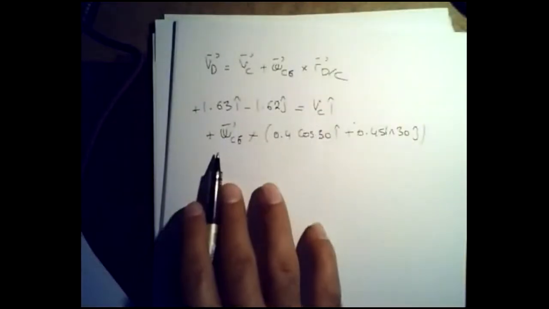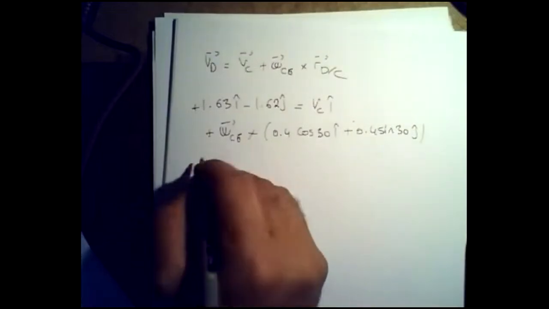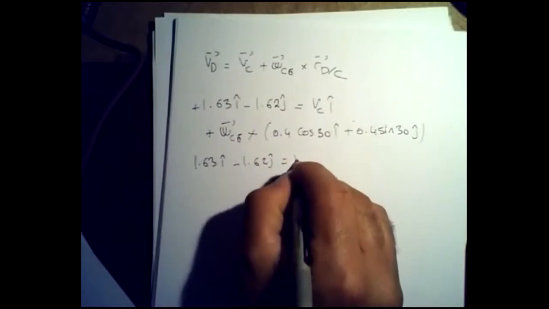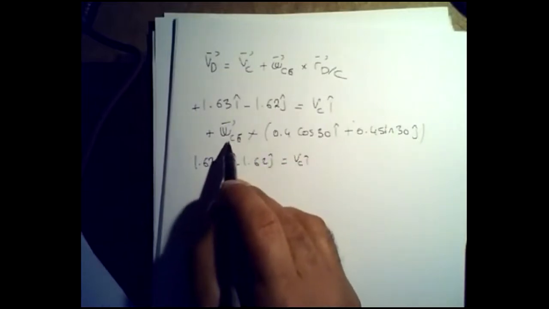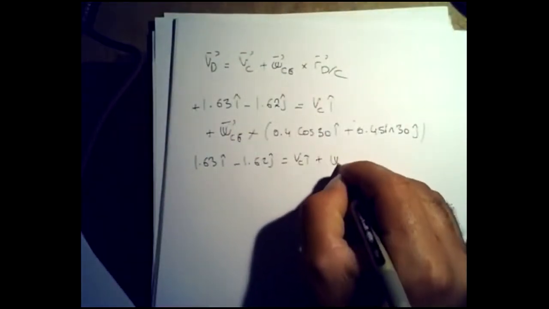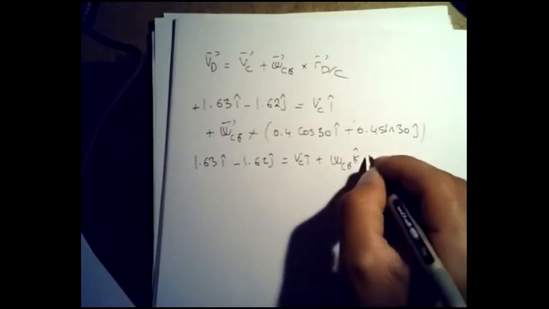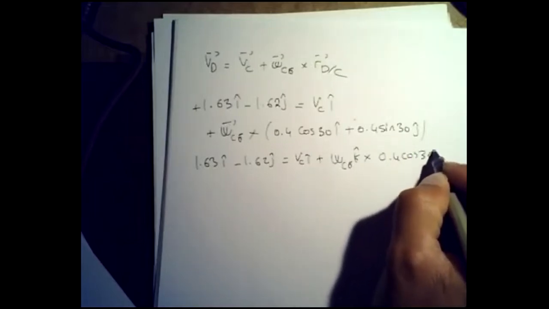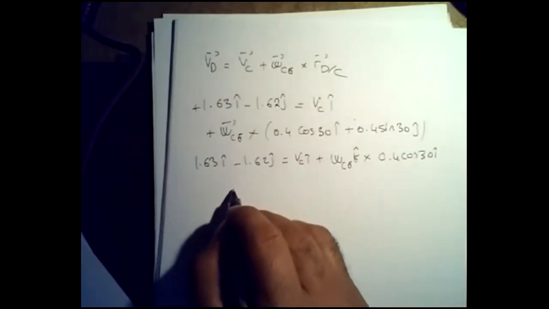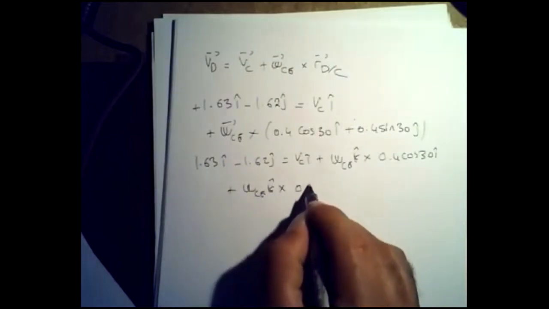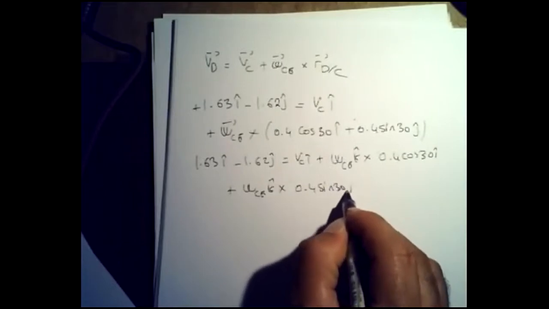So from here we can actually solve VC and omega CE, and let's quickly do it. 1.63 I minus 1.62 J is equal to VC I. So omega CE, let's assume it is in a positive K direction, plus omega CE K cross 0.4 cosine 30 I plus omega CE K cross 0.4 sine 30 J.